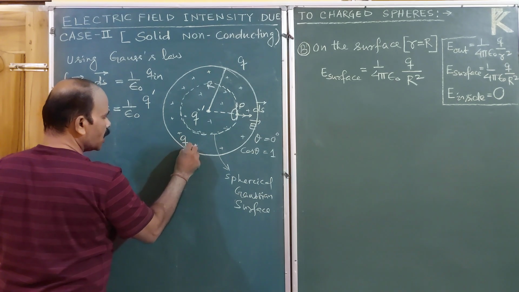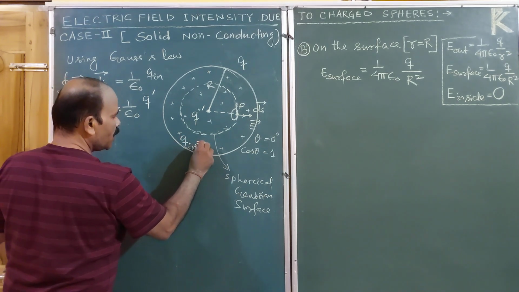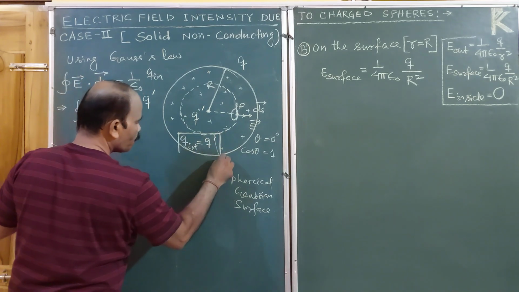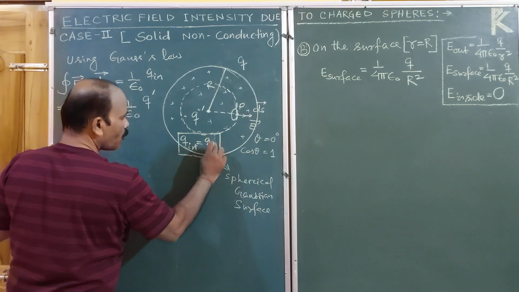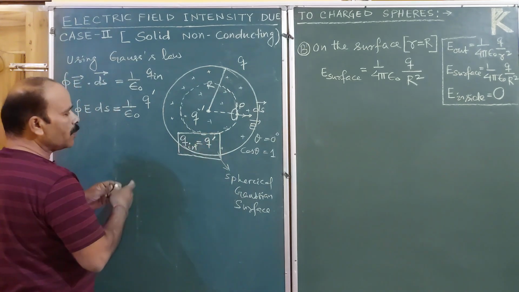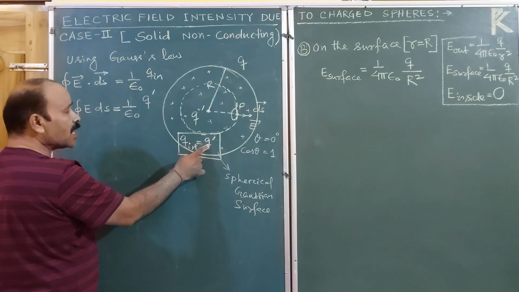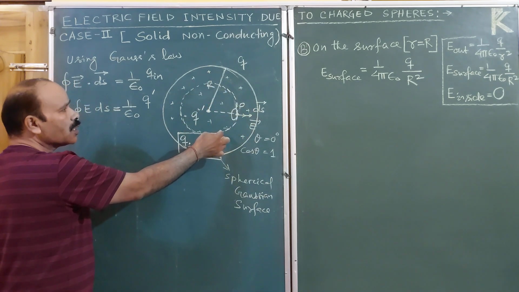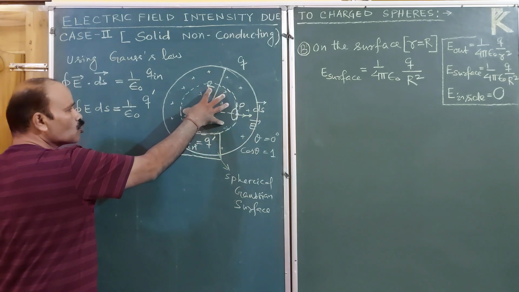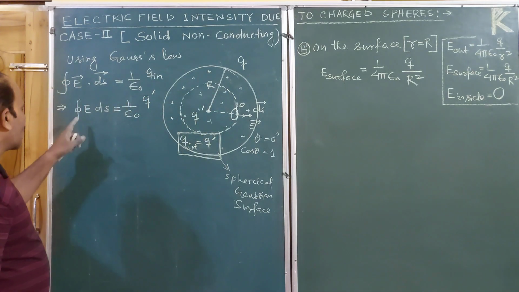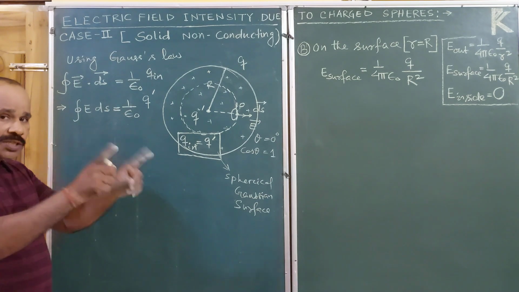So Q in will be equal to Q prime, not Q. Q in equal to Q prime. This Q prime is the charge within the spherical Gaussian surface. Clear to all of you? इसको हम निकालेंगे, इधर सब्स्टिट्यूट करेंगे, so that we will get the electric field intensity. So this is the turning point.